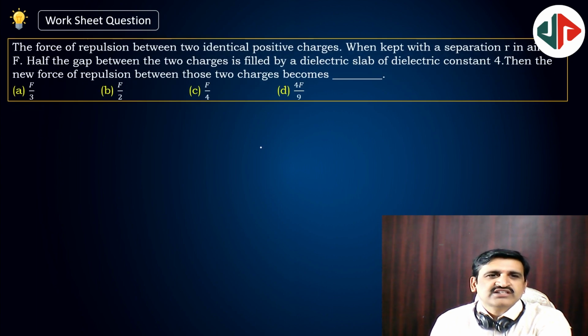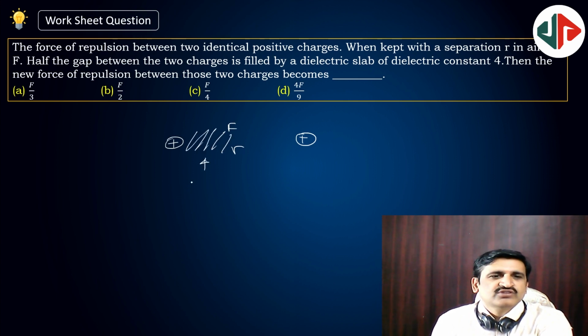Force of repulsion between two identical positive charges, kept with a separation r in air, is F. Half the gap between the two charges is filled with a dielectric slab of dielectric constant 4. Then the net force F dash equals K Q1 Q2 by (r minus t plus t root K) whole square, where t root K is the effective distance with dielectric.